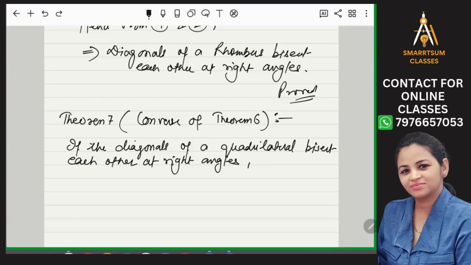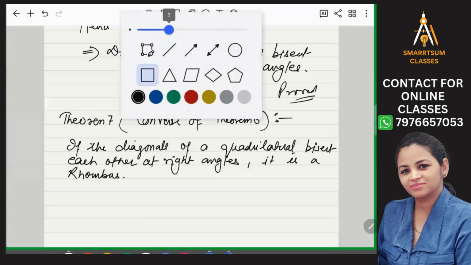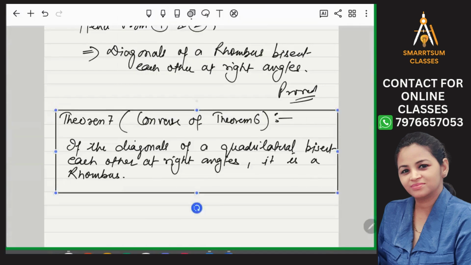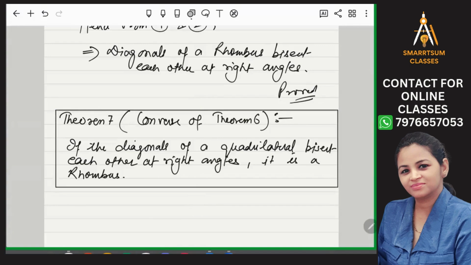Or you can say, if the diagonals of a quadrilateral bisect each other at right angles, it is a rhombus. So this is theorem number 7, the converse of the above theorem.